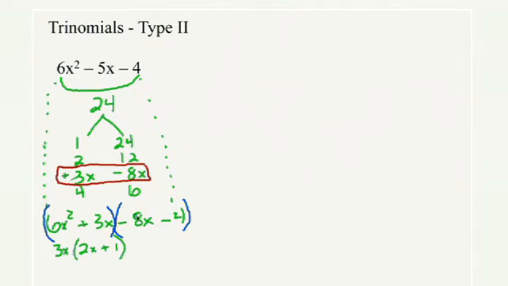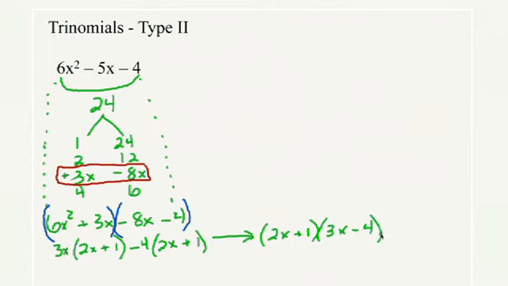And remember, when that third term is negative, you want to take out a negative. So we're going to take out a -4, and that too will give us 2x plus 1. Now, this leads us to our final answer. 2x plus 1, parentheses 3x minus 4. What do you think, Bill? I think that's right. That's the final answer.